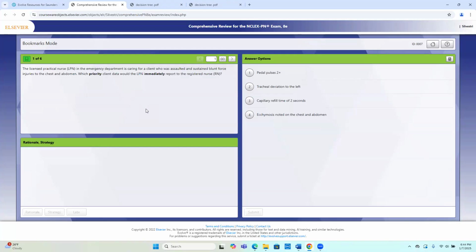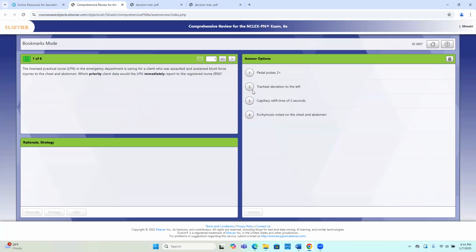That's okay. Move on down to Maslow's. Are they physical? Are they psychosocial? We know that all of these answer choices are physical, so there's no psychosocial that we can eliminate. Now we go to ABC. Are any related to airway, breathing, and circulation? Yes, right? We know that pedal pulse of 2+ is related to circulation.